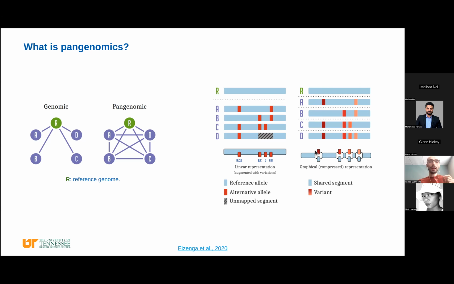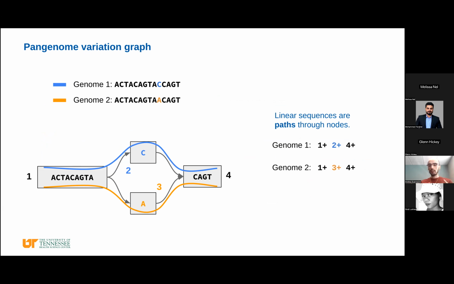But to be more precise, what we use is the variation graph model. In this graph structure, we represent the sequences as paths through the graph nodes. For example, we have these 2 very simple genomes that differ only in one position here. On the bottom is a pangenome variation graph that can represent this pangenome.